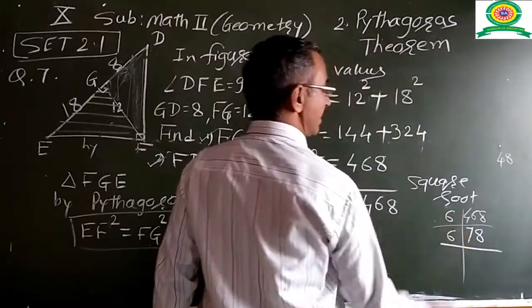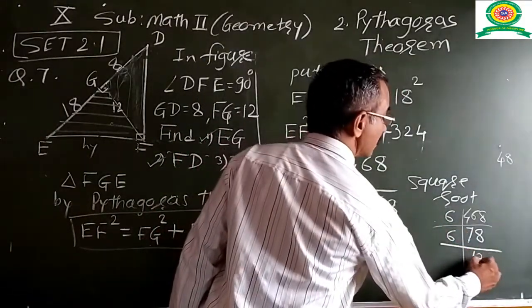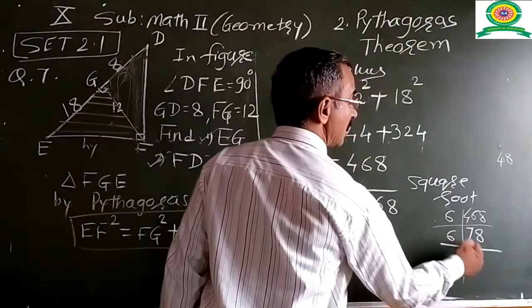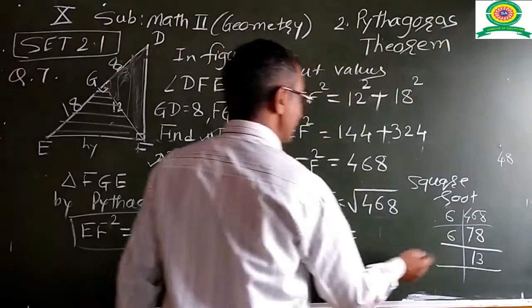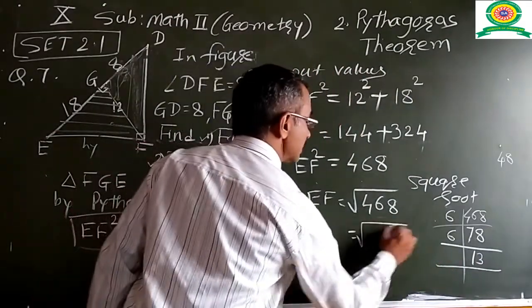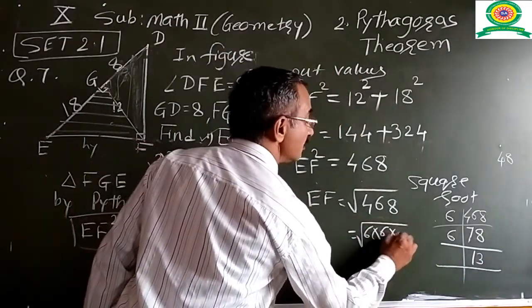Again divided by 6, 13. 6 1s are 6 and 1 remains, 6 3s are 18. So we get the factors 6 into 6 into 13.